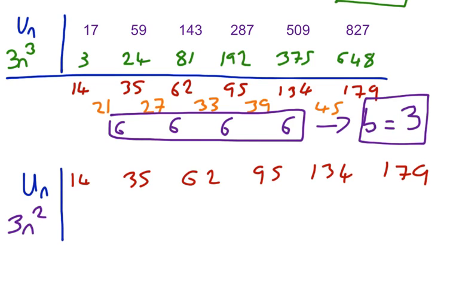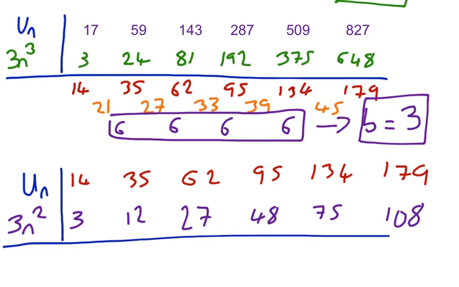So 3 times 1 squared is 3, 3 times 2 squared is 12, 3 times 3 squared is 27, 3 times 4 squared is 48, 3 times 5 squared is 75, and 3 times 6 squared is 108.